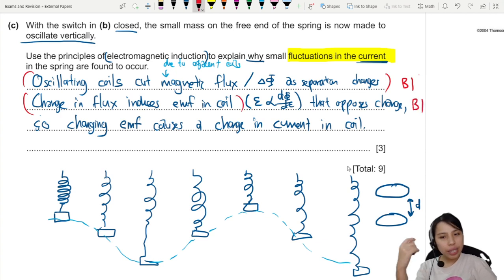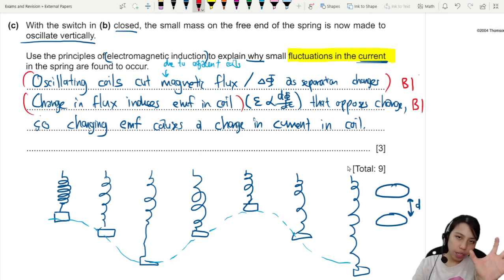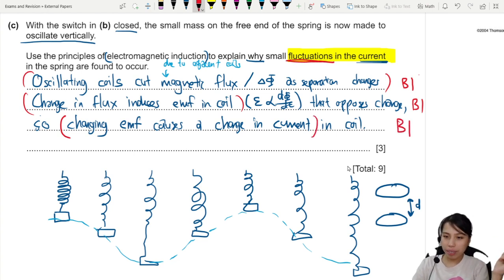Number 3, I guess you could mention Lenz's law, but there's no mark for Lenz's law here. If they ask for damping, then you have to say it loses energy over time, oscillates until no energy. Then you have to mention Lenz's law. But here, the last point comes from linking together the changing EMF to the change in current, which is why there is a fluctuation in the first place.